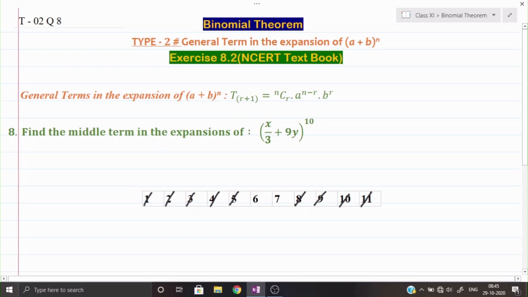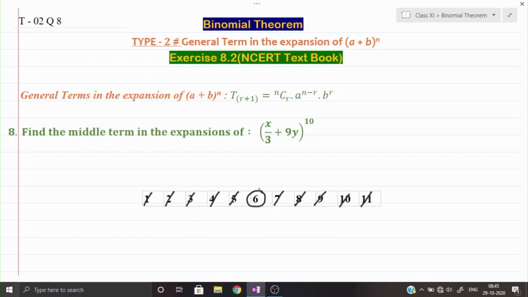And again, one more term from the left and right. Observe, from the left, how many terms have I cancelled? 5. And same way, from the right also, I have cancelled 5 terms. Then who is remaining in the middle? That is term number 6. So we can say that the sixth term will be the middle term in the given expansion.